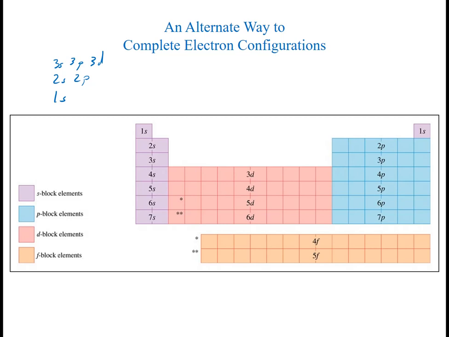If you notice the first two columns, this is 1A, 2A, this is 3A, 4A, 5A, 6A, 7A, 8A, and these are the B's, and they don't go from 1 to 10, so I don't know which order they're in.